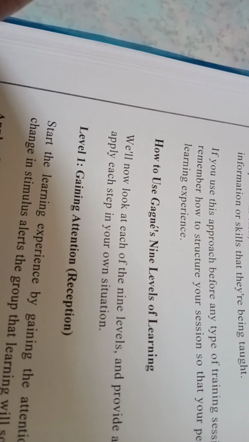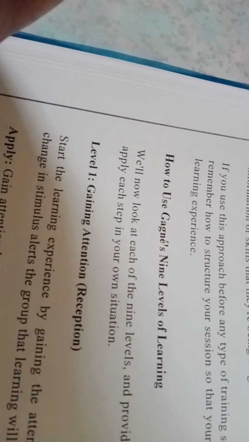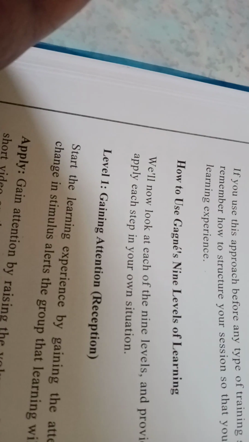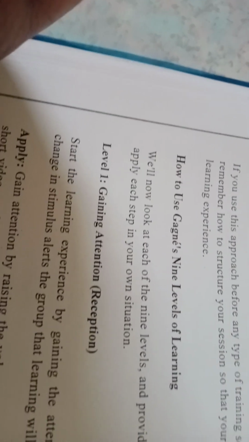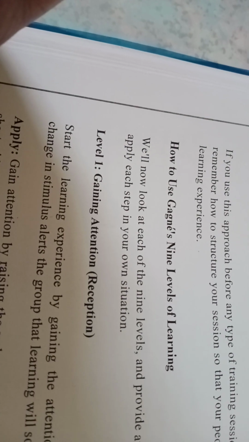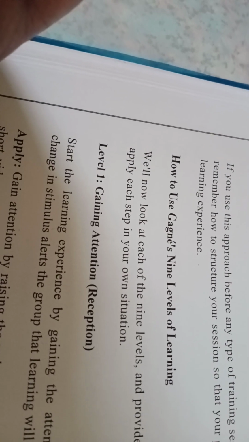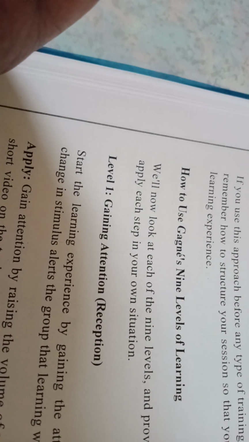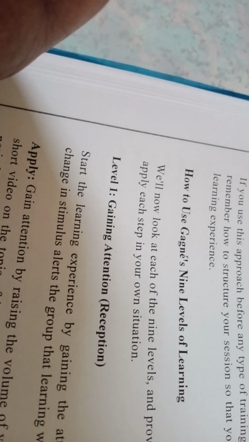How to use Gagné's 9 levels of learning. We will now look at each of the 9 levels and provide an example of how you can apply each step in your own situation. Level 1, gaining attention or reception. Start the learning experience by gaining the attention of your audience.